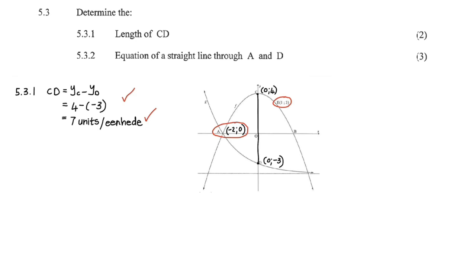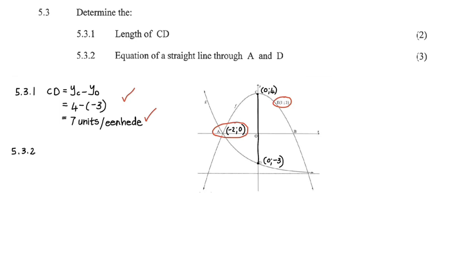Moving on to 5.3.2. Here we have to determine the equation of a straight line through A and D. So the points A and D lie on the line. What we'll do first is start by calculating the gradient.